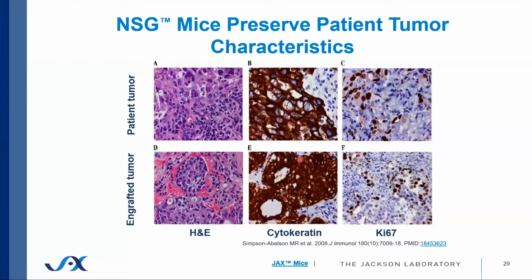And this is an important marker for carcinomas. You can also see the proliferation marker Ki67 in both panels here. And so if you take this data together, it suggests that the NSG mice have a remarkable capability in preserving many aspects of the patient tumor characteristics.